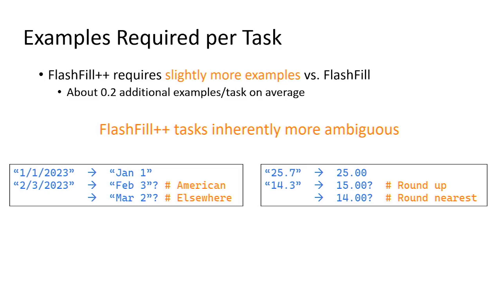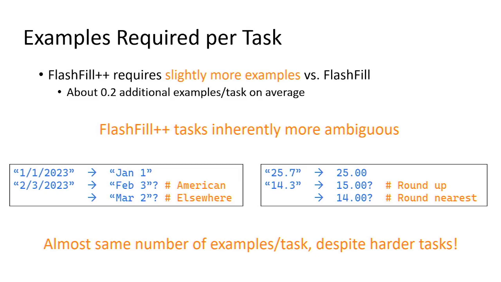The answer depends on if you're American or not. And here's another numerical rounding thing where you round up or round to the nearest. The way I would take this is you need almost the same number of examples per task despite solving harder tasks.